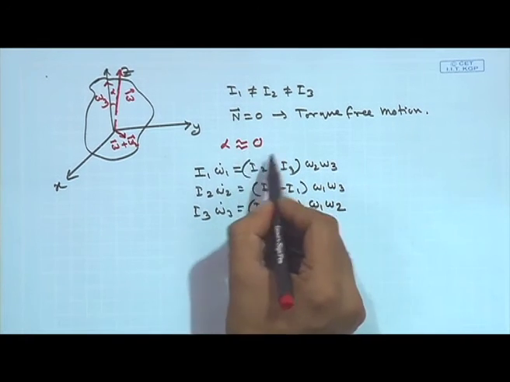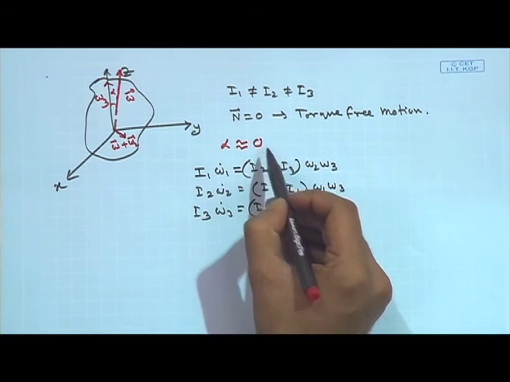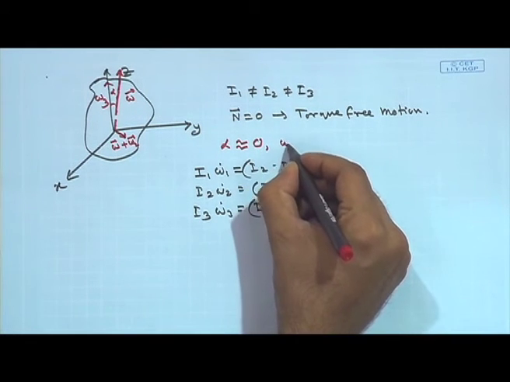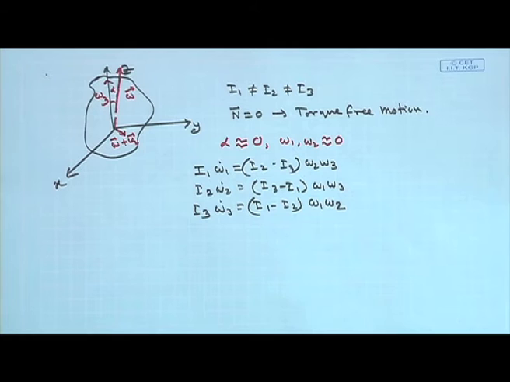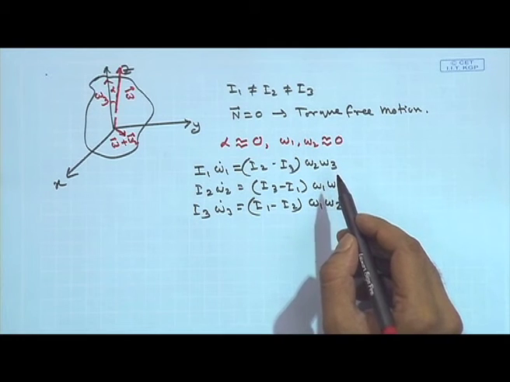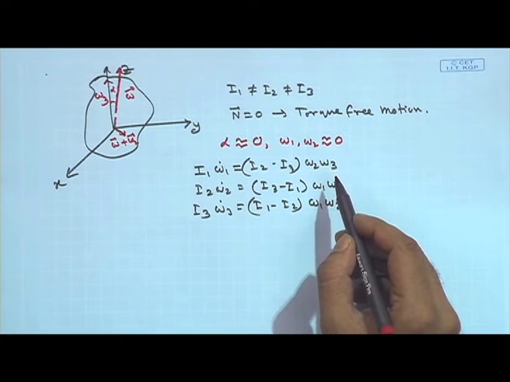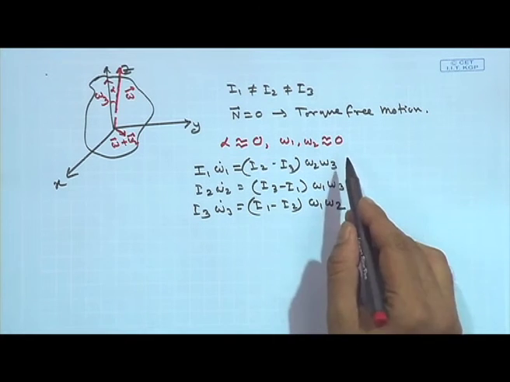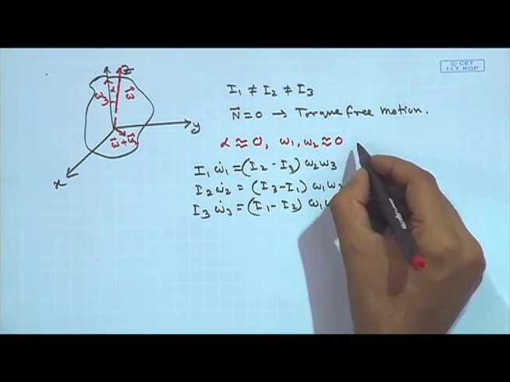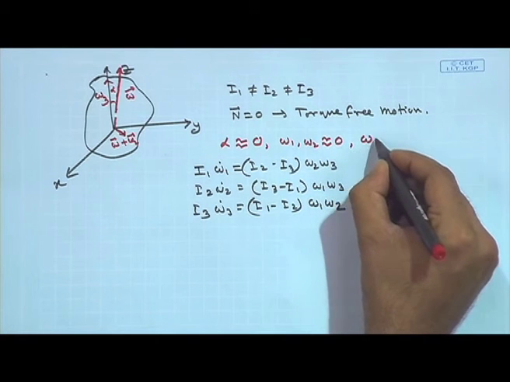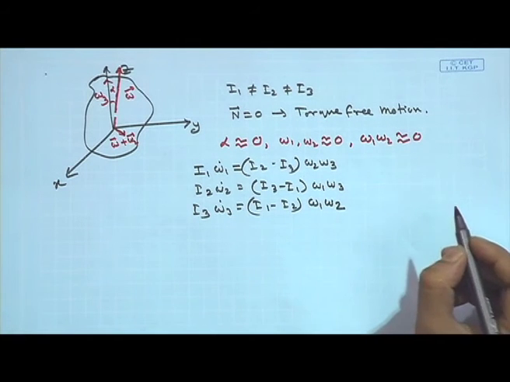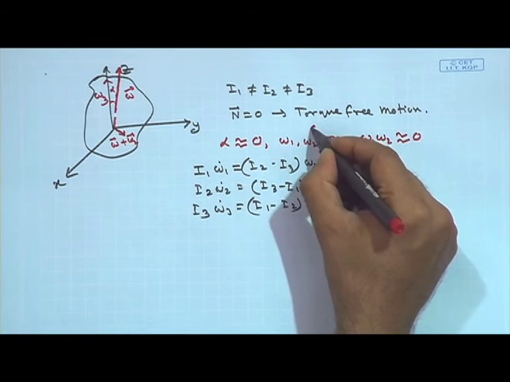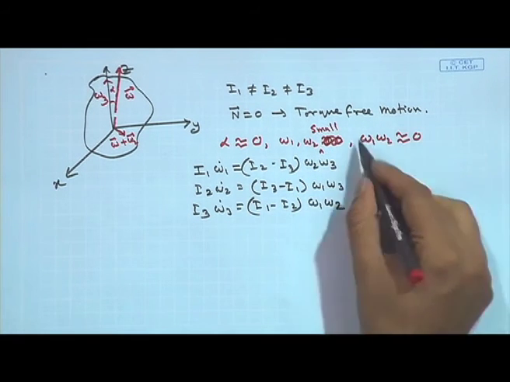Now as the angle alpha is very small, if we are following this assumption, this essentially means omega 1 and omega 2 both are also very small. Very small means we are not assuming that they are 0, but what we are saying is they are very close to 0. Now if this is the case, both of them are equally small, so if we multiply two small numbers, the product omega 1 omega 2 will also be very, very small, vanishingly small.